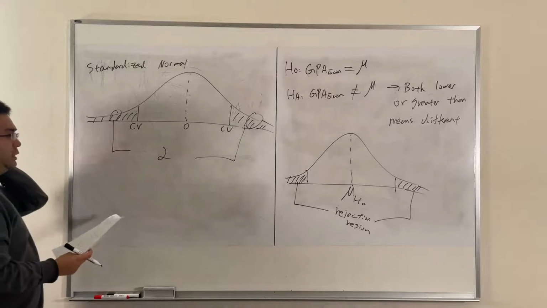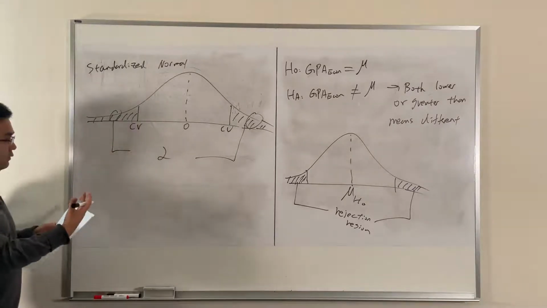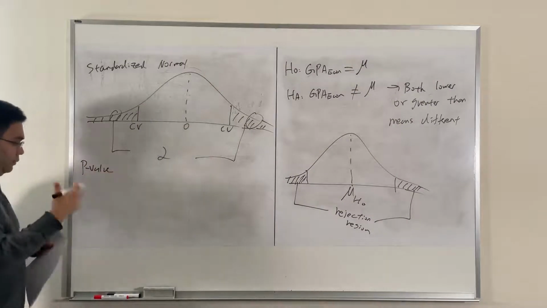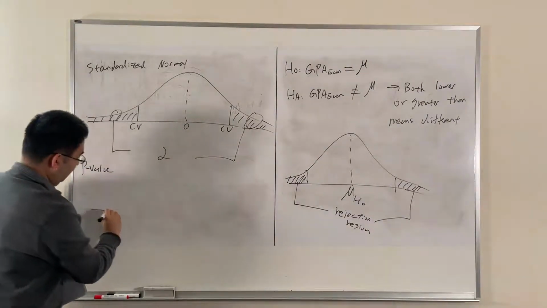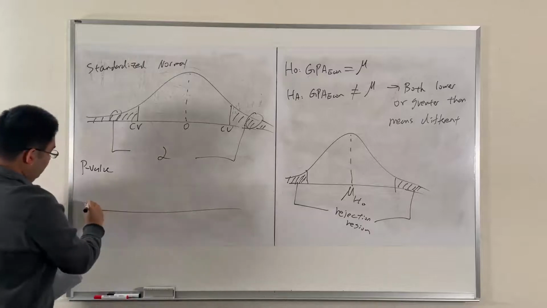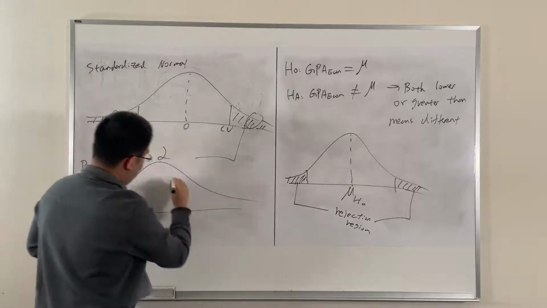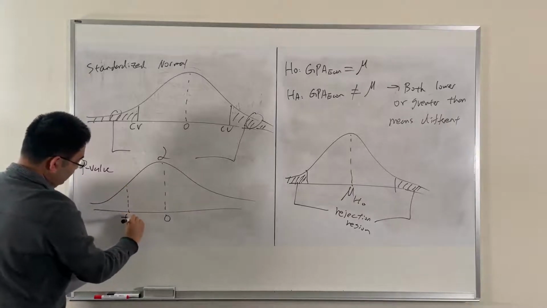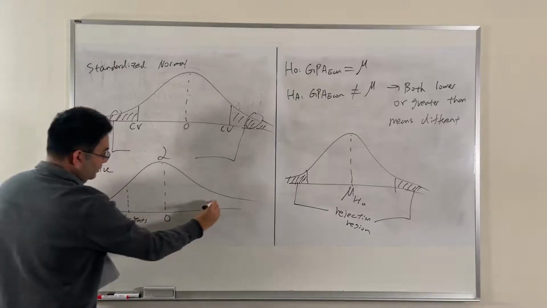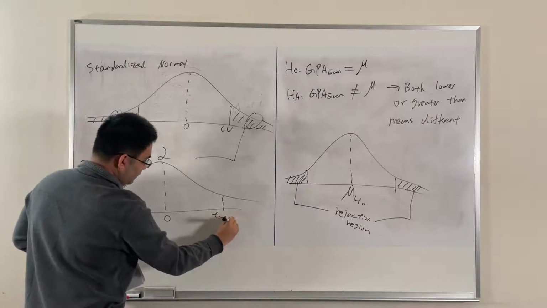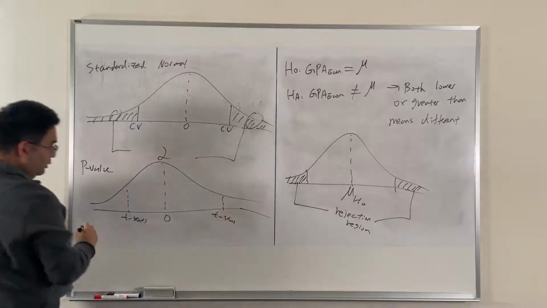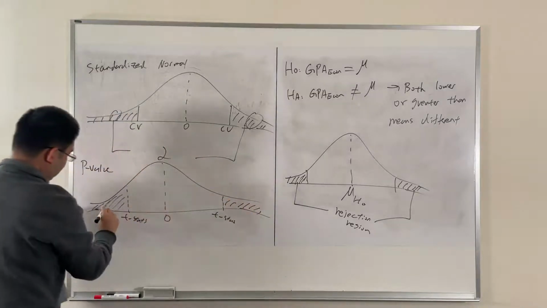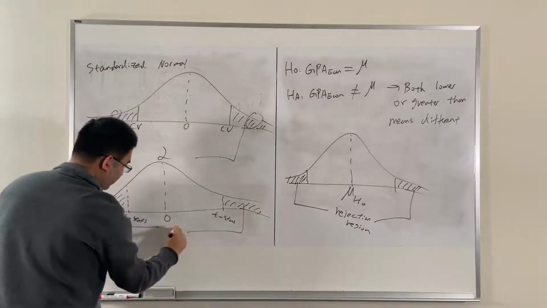And if you want to see it from the perspective of your p-value, then your standardized normal, 0 here, your test statistic here, and your test statistic here, and these two areas sum up to be your p-value.